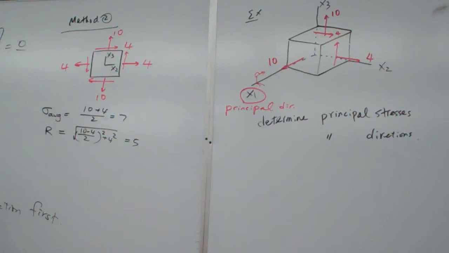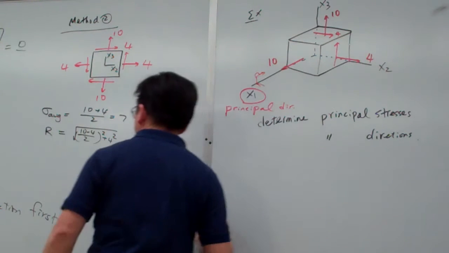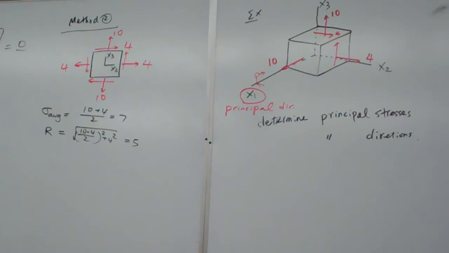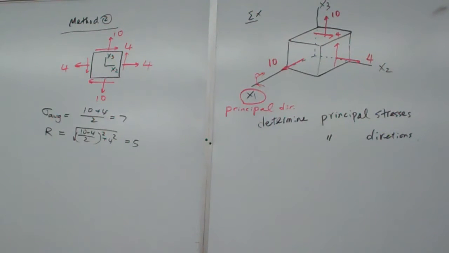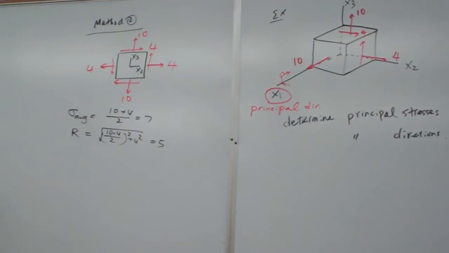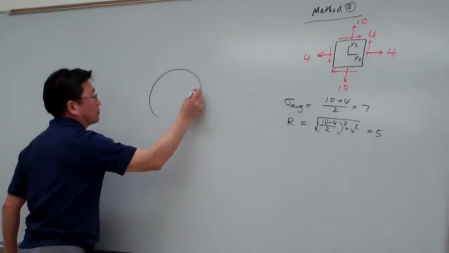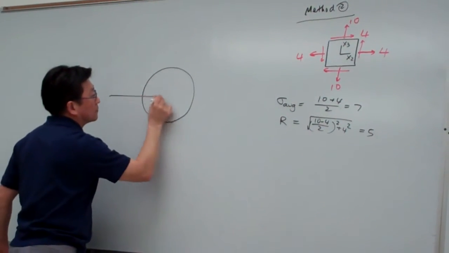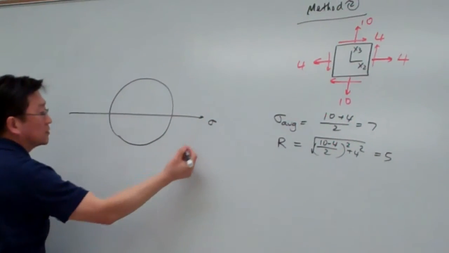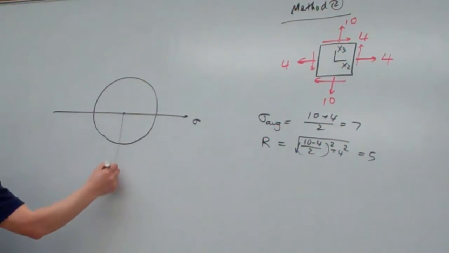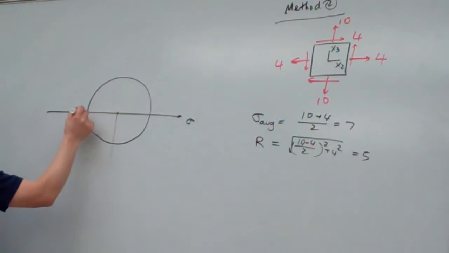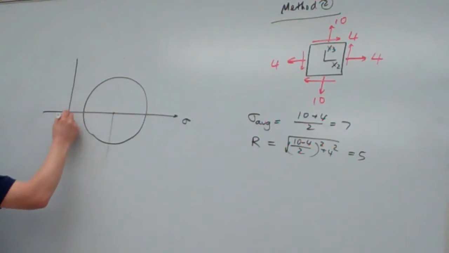So for this case, the Mohr circle, the center is 7 and the radius is 5. So that should be like this.